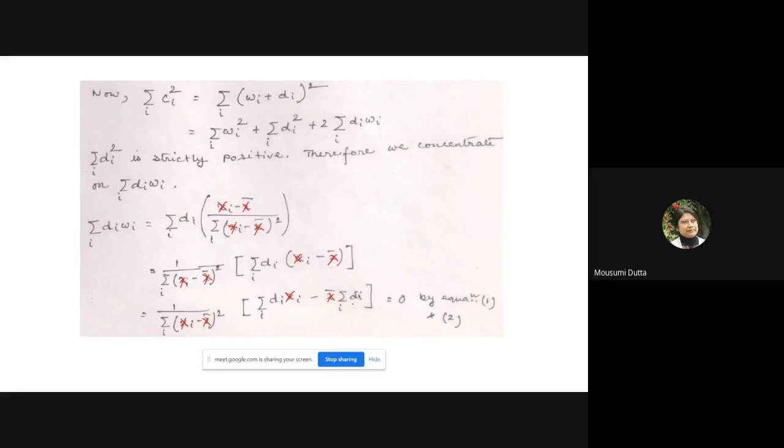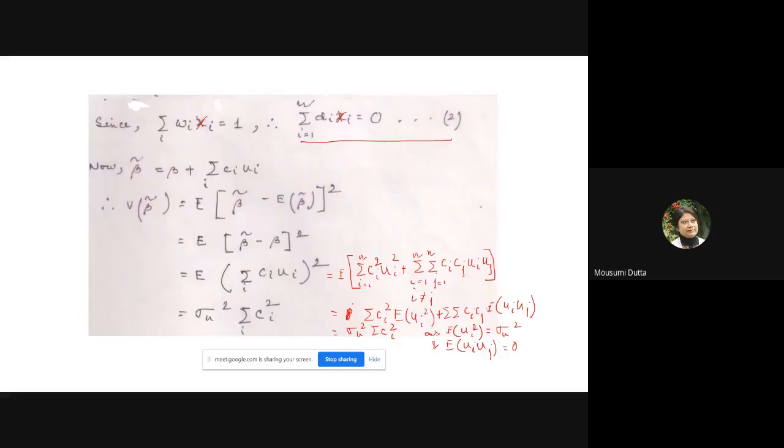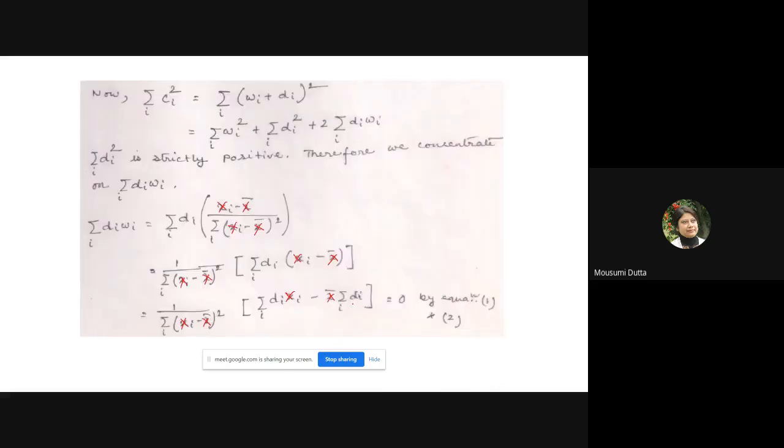And we have another restriction, equation number 2, that is summation di xi is equal to 0. If I put that restriction, this first part will also vanish. So this entire thing is equal to 0, so summation di wi is equal to 0. So what we are finding is that summation ci square is equal to summation wi square plus summation di square, where summation di square is strictly positive.